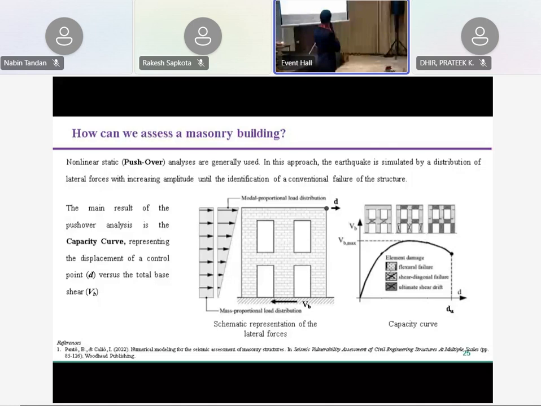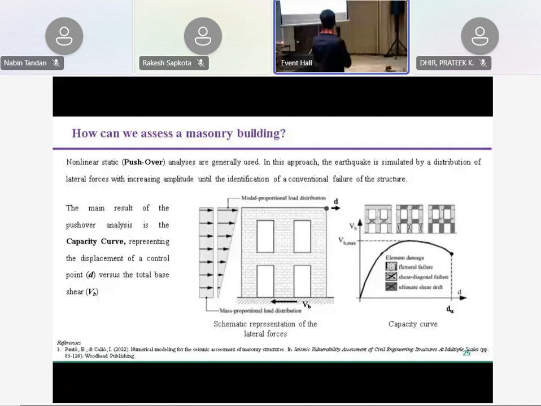We get the capacity curve of the structure, which is the displacement of a control point, generally at the top of the building, against the base shear, the total force we are applying, reported on the y-axis. This graph, the capacity curve, is what we need to assess our structure.